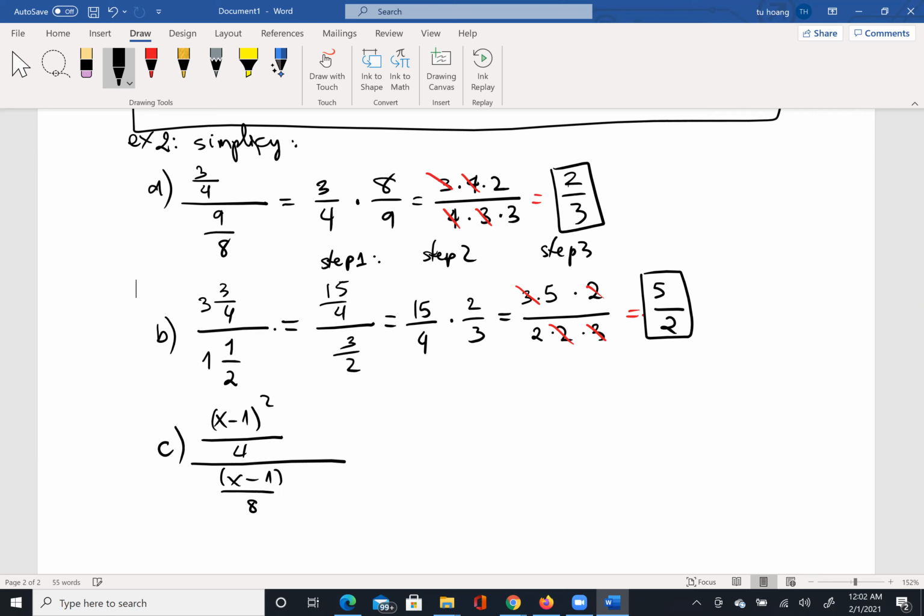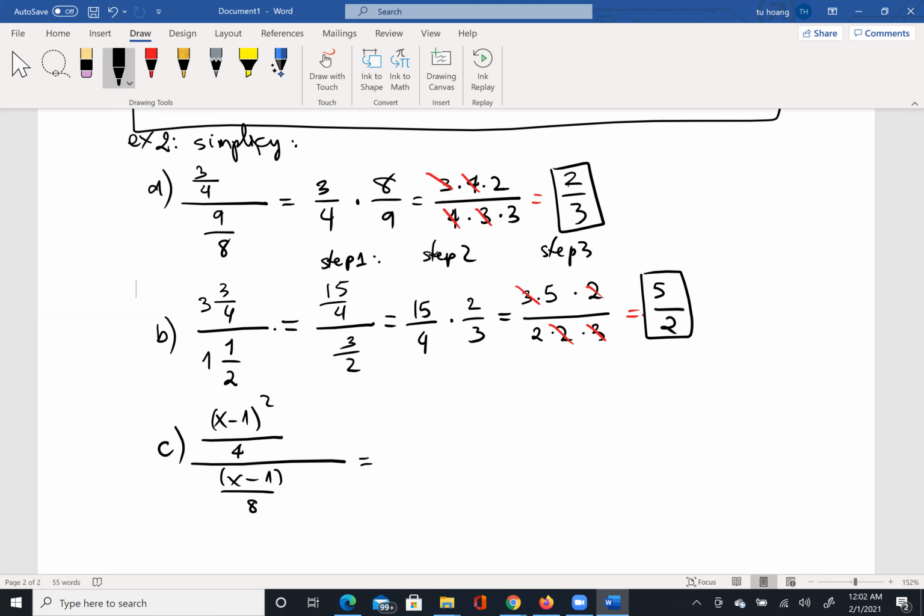Okay. For this problem, you see that you already have a single fraction for both the denominator and numerator. So now I'm just going to move to step 2.